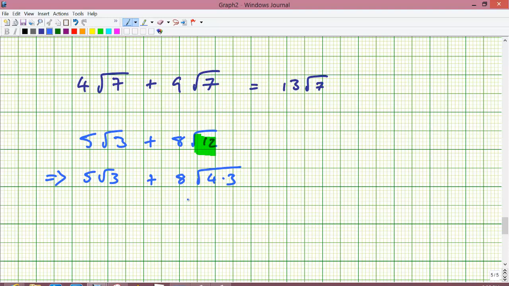And that simplifies to 8 times 2 times the square root of 3, which is obviously 16 root 3. And they will then combine together. So 21 root 3. Okay?